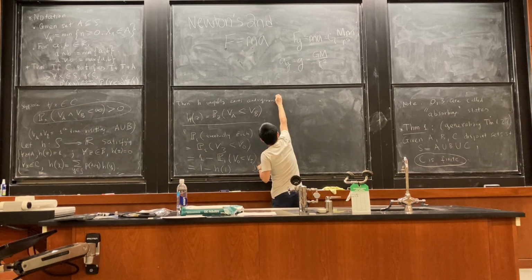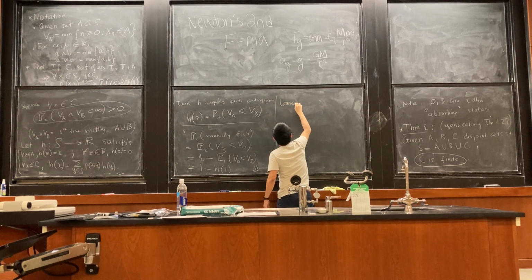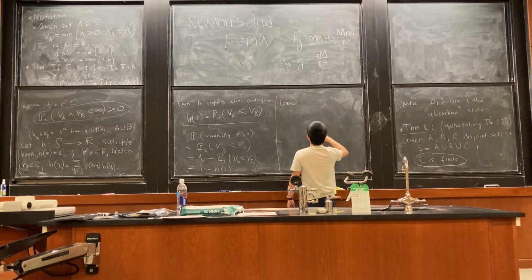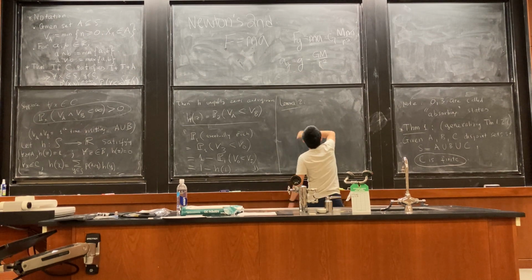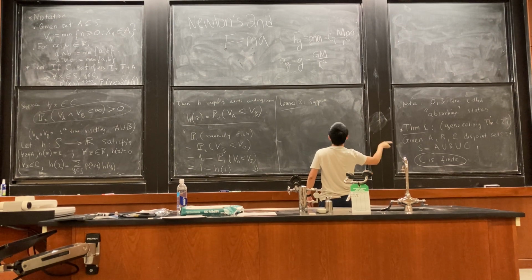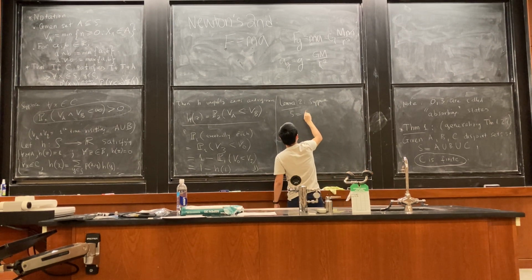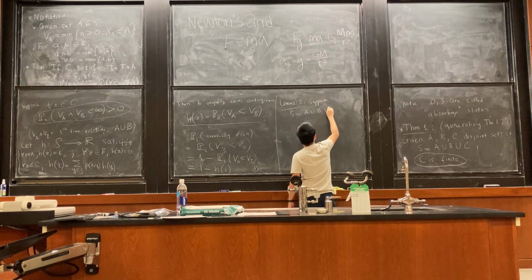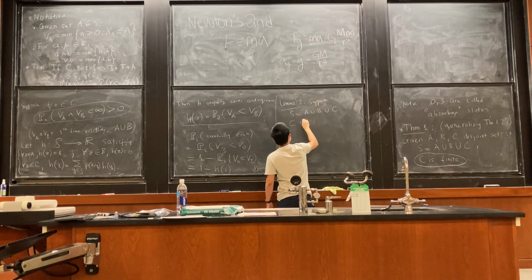However, if you have the following lemma, Lemma 2, suppose the following. Let me just rewrite it all over again. S being A union B union C, where C is finite.